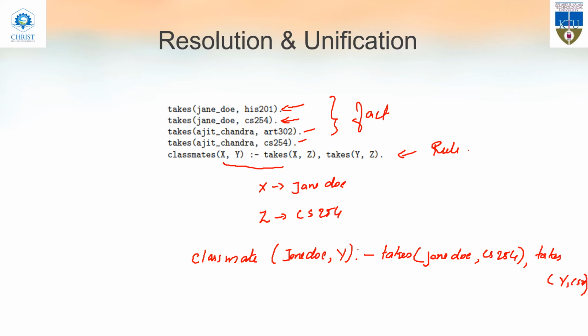So this is how it happens when x is j into O and z is CS254.